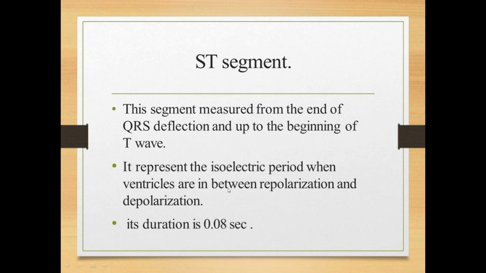The T wave is complete relaxation and QRS is contraction of the ventricles. Its duration is 0.08 seconds, that is 2 small squares.